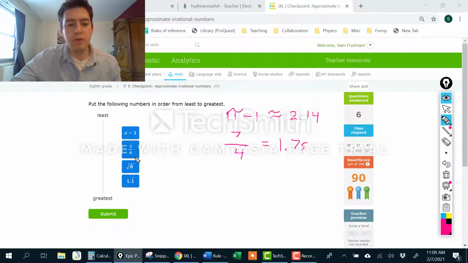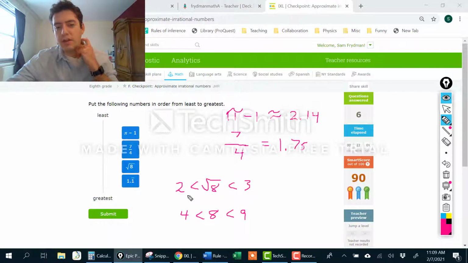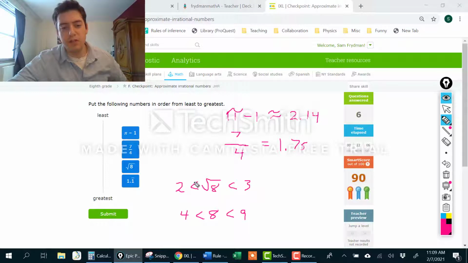The square root of 8, let's see. 8 is between 9 and 4. Those are the nearest perfect squares, so between 2 and 3. All right, so I know that the square root of 8 is greater than 2 and less than 3.